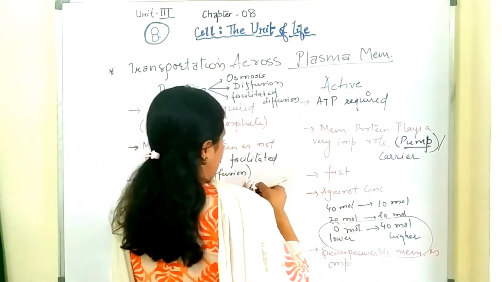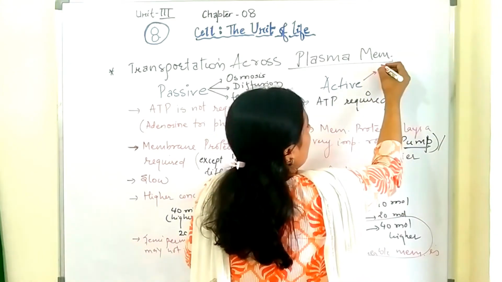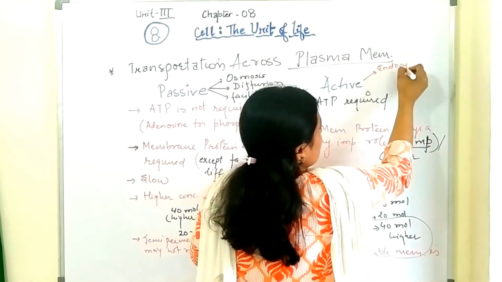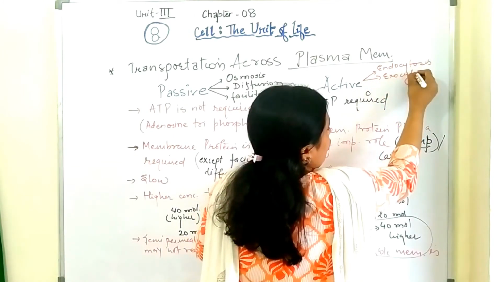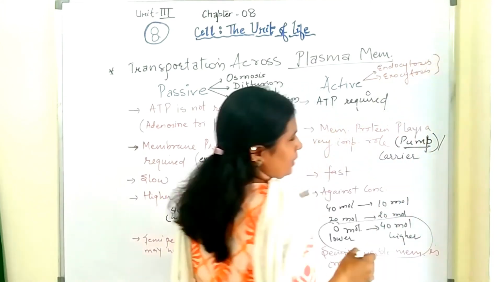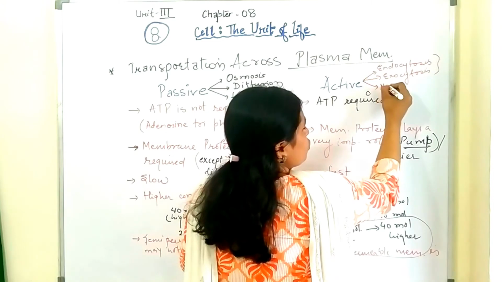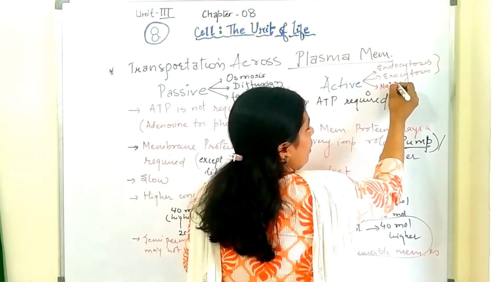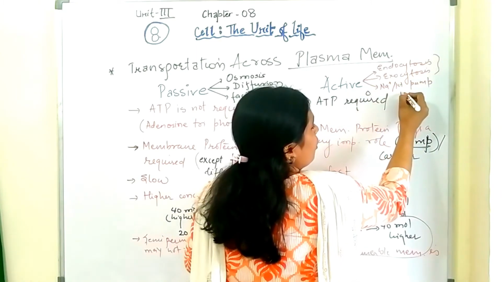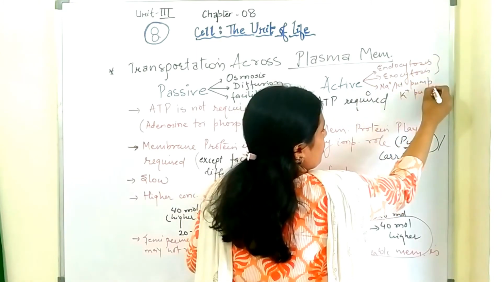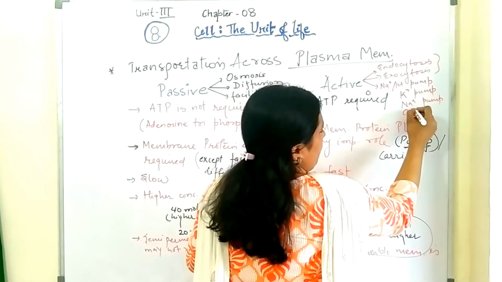In active transportation, we are going to study endocytosis and exocytosis. They also come under bulk transportation, and you need ATP for them. We will also study the function of the sodium potassium pump, the potassium pump, the sodium pump and the calcium pump.